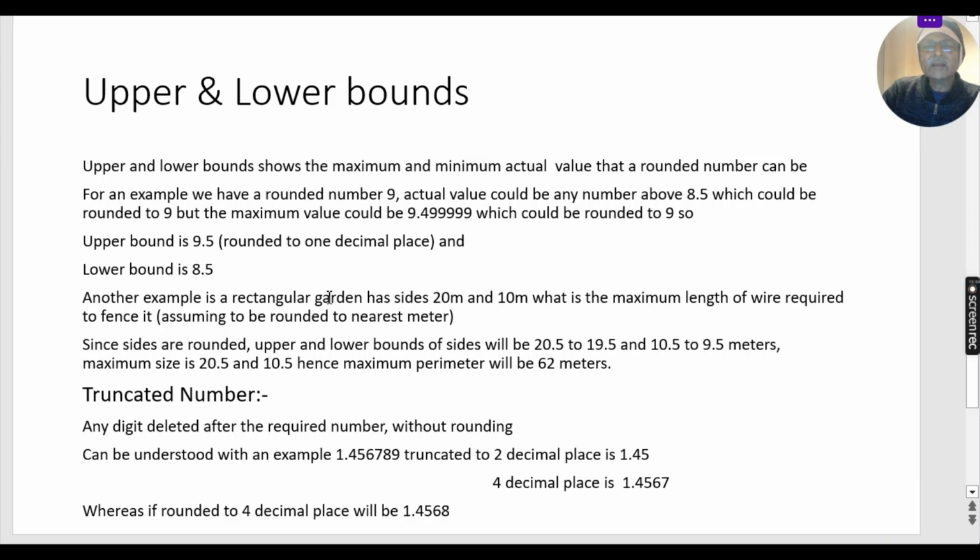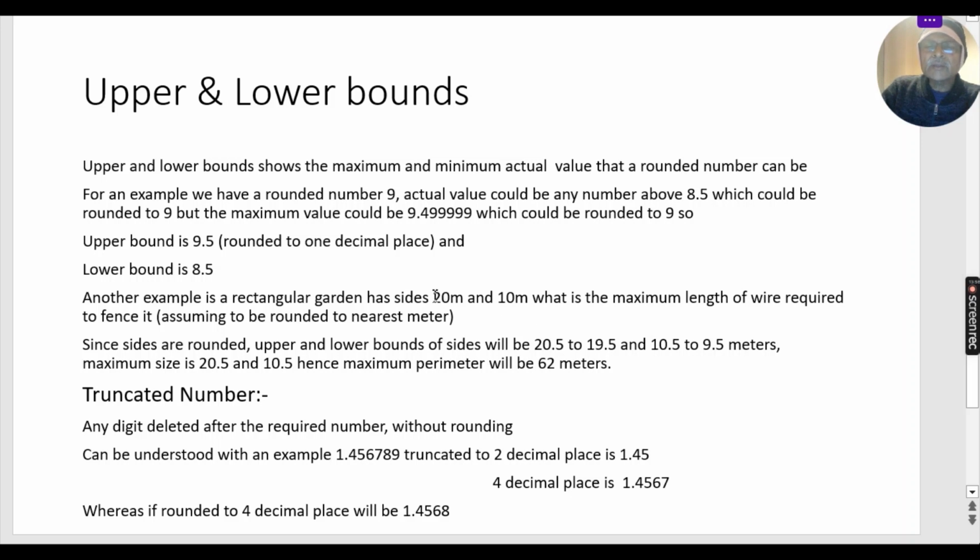Say I have a rectangular garden. It has sides of 20 meters and 10 meters. What is the maximum length of wire required? That also means we have to find the upper bound of the perimeter of this rectangle.